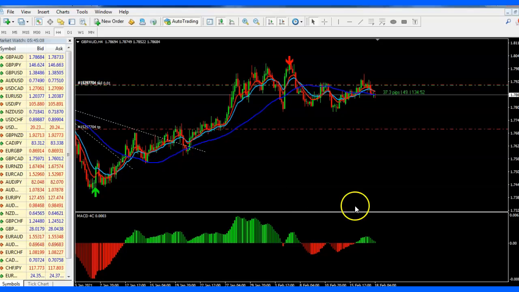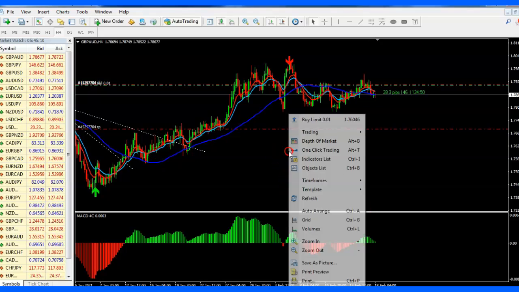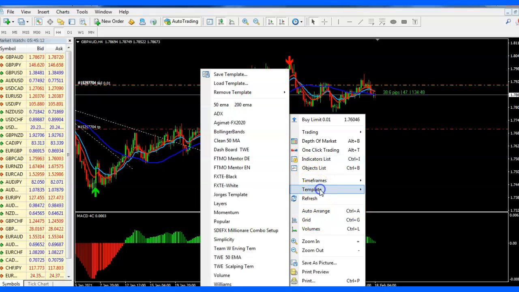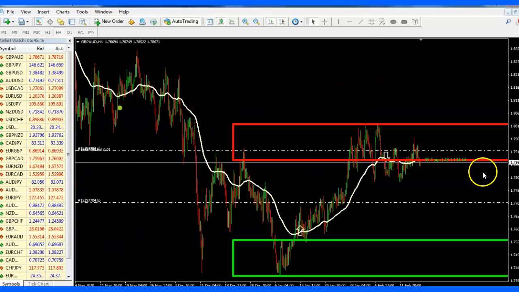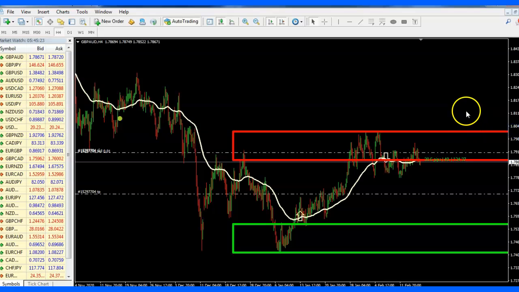Before I do that, I like to jump into my simplicity template. I had a request from one of my subscribers to explain a simple strategy that they can use. This is a very good system. Also, for simplicity, I don't use the indicators on the bottom.